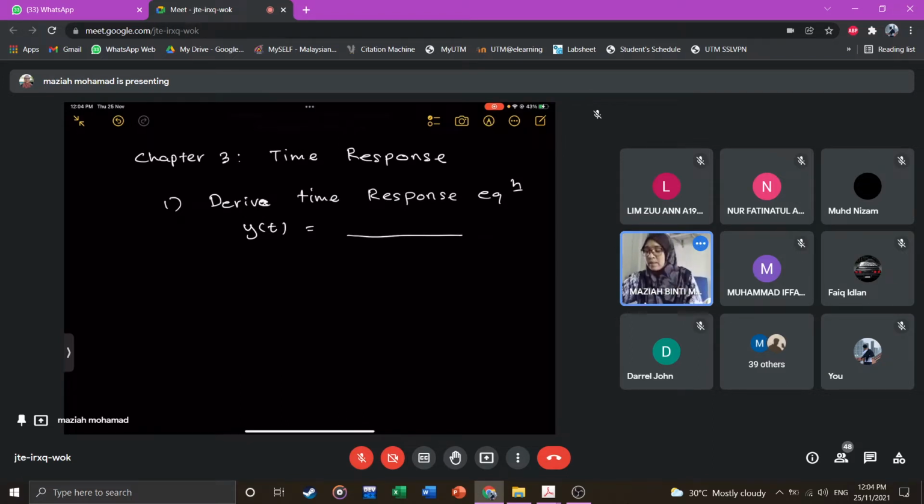And then the second part we learn about classification. This is a small topic there. We'll be able to classify a control system into several classification groups. And then the third one we learn about first order system.